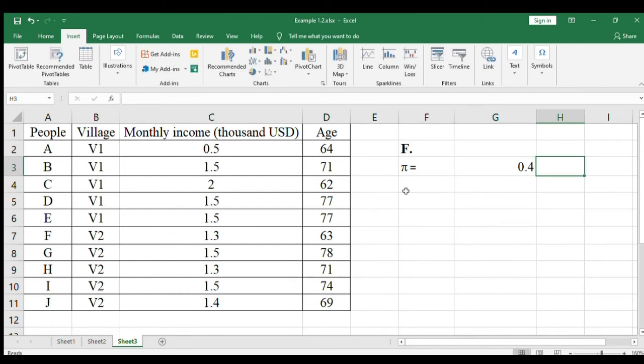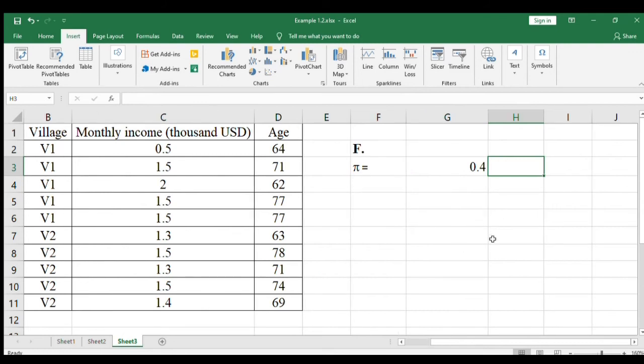But in case you have many people in each village, counting by hand is very difficult, time consuming, and not accurate. So we can use the function countif and select the ages of all the people in village 1 with the criteria smaller than 70.